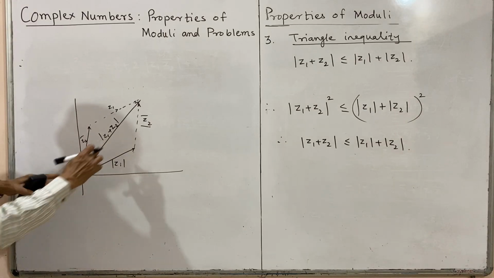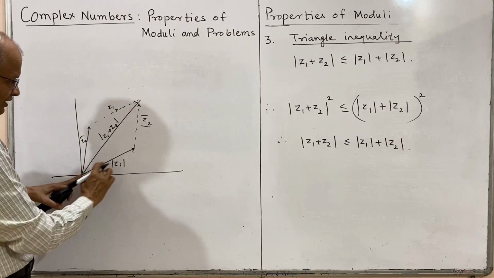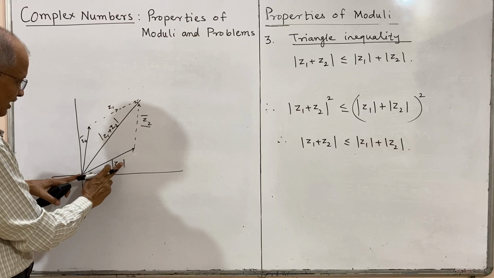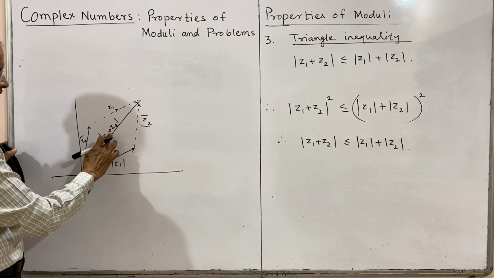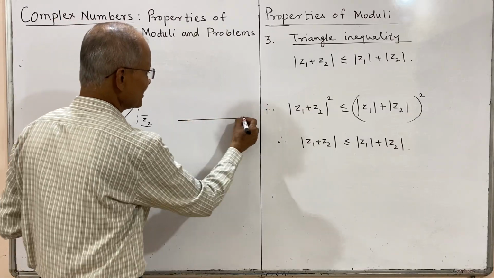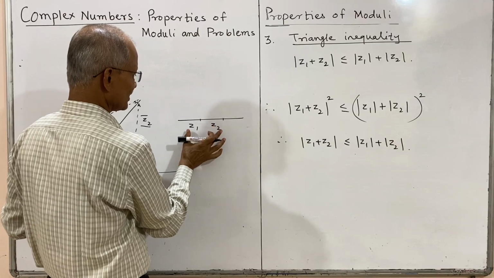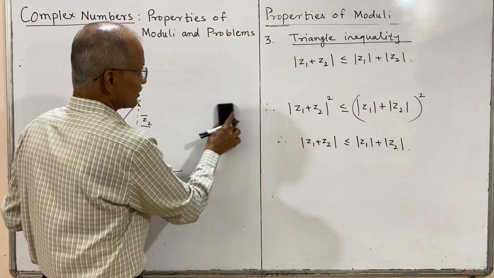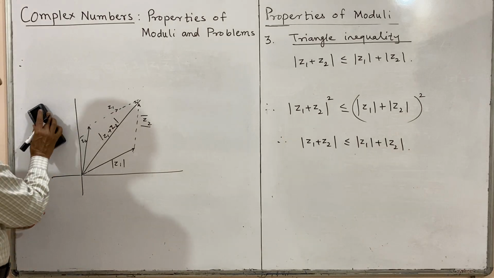This represents the direct distance between two points by a straight line, and the other goes via a third point, and therefore mod z1 plus mod z2 is always greater than or equal to mod of z1 plus z2. Equality is possible when all three points are collinear. Therefore this inequality is known as the triangle inequality.